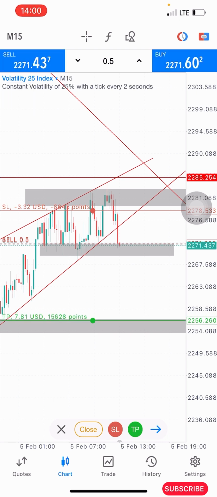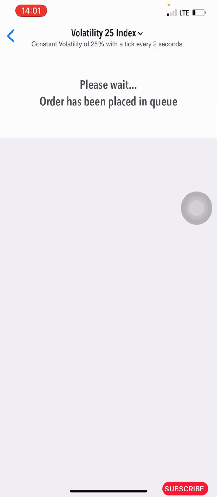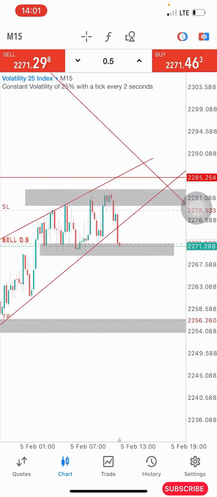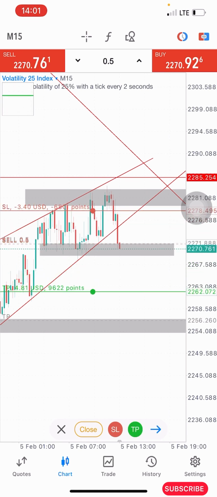So you can see that I'm risking $3 and I'm going to be making $7. If it goes my way, that's what it is. But if it doesn't, then I can afford to risk $3. It's a normal thing, right? It's not going to affect anything. So I'm good to go.